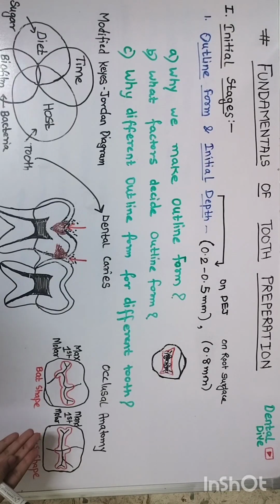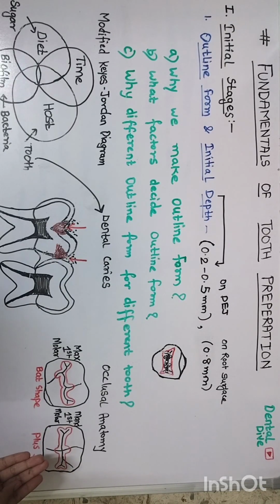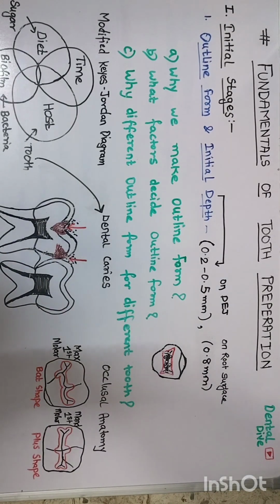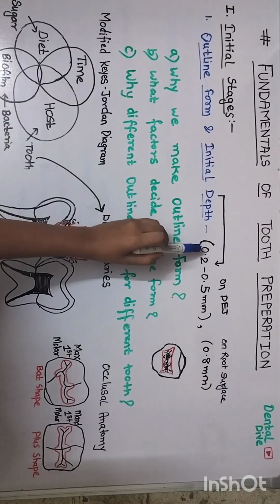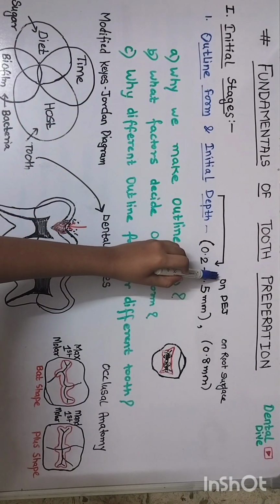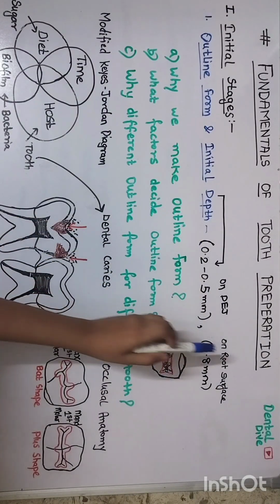So likewise it will be different in your premolars, canines and incisors. And the initial depth for making outline form should be 0.2 to 0.5 mm on DEJ and 0.8 mm on root surface.